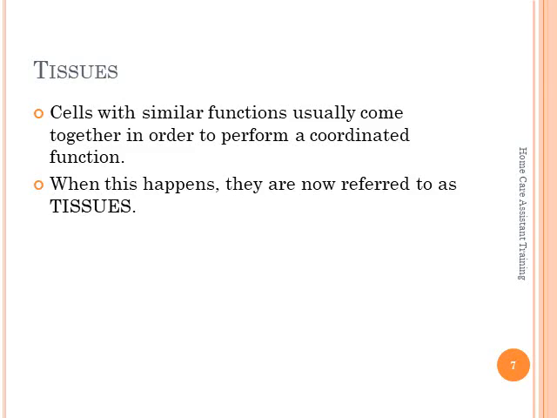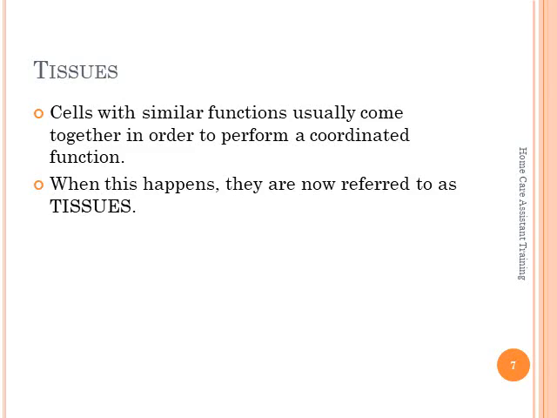If you take your skin for instance, the outer part of your skin is a group of different cells that have come together, and their job is to protect your skin. They have formed the outer covering of your skin, so we can call them a tissue. That's a tissue.